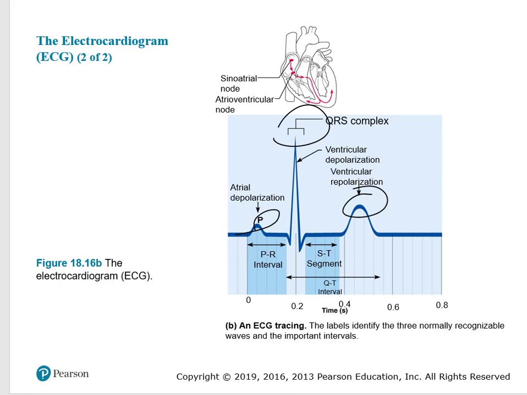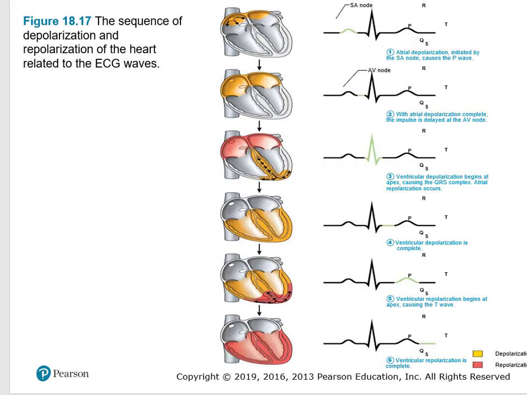Now, waves are your P wave, T wave, complex is QRS complex. The intervals are your PR interval and ST segments, and the QT intervals that you have in your electrocardiogram. What is happening in each wave is what you should know. When you're recording a P wave, what actually is happening in your heart?